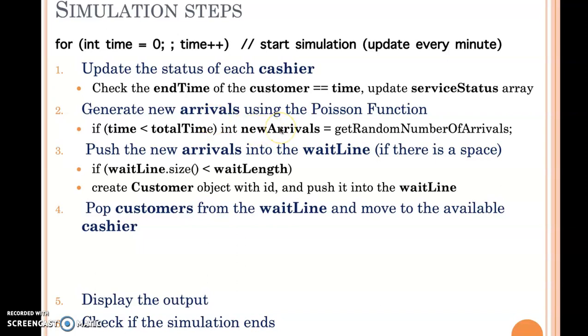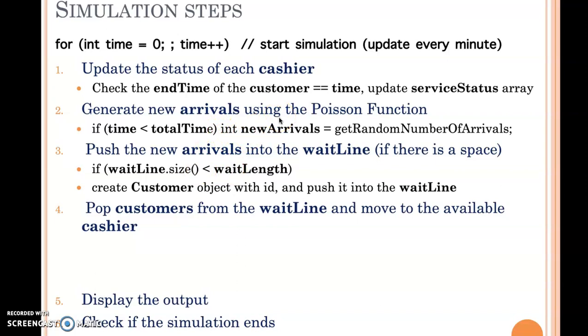I have 3 arrival, right? So each one I need to check. Is the current wait line size less than the wait length? So if that's true, right, so then I can make the first new arrival become a customer. But if not, I just ignore all the arrival.